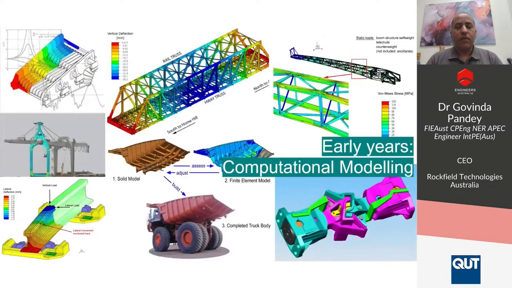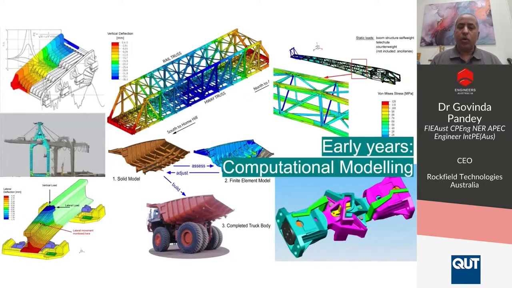When we started Rockfield in the early years, we were working in the engineering simulation space. So we were working on mining equipment, process equipment, bridges, railway fasteners, and we were working with clients both nationally and internationally.